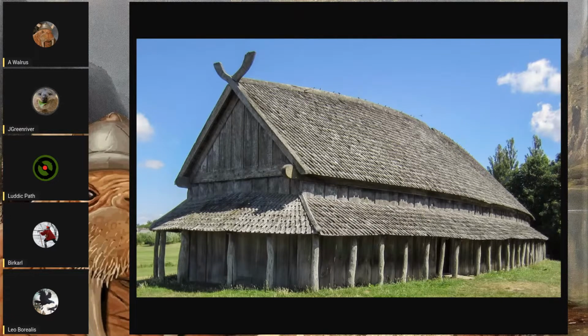And then you would have the centerpiece where you would have a place where you would prepare food in the middle, and you would have the top of the house open, so the smoke could get out through the middle of the top of the longhouse. And then in the last part, you would have the bedchamber of the family, or of the chieftain or jarl who lived there.